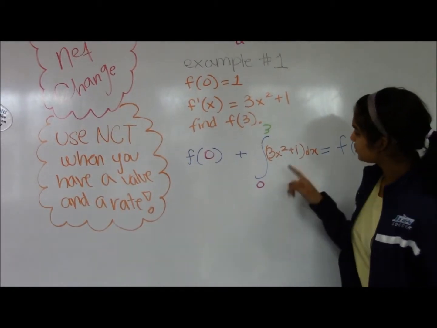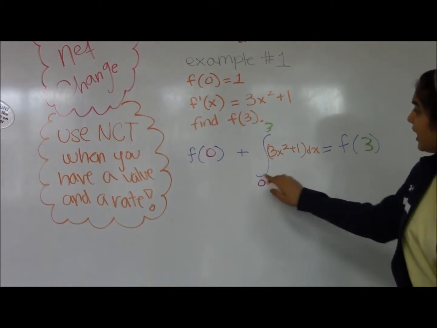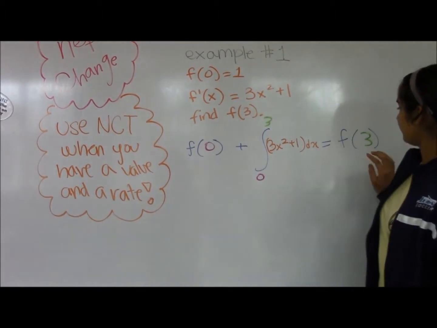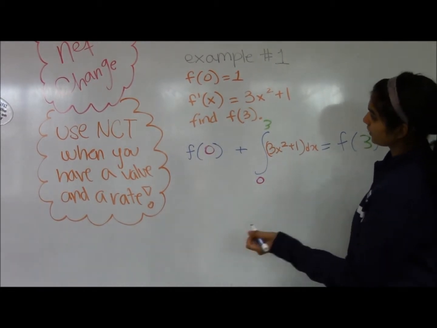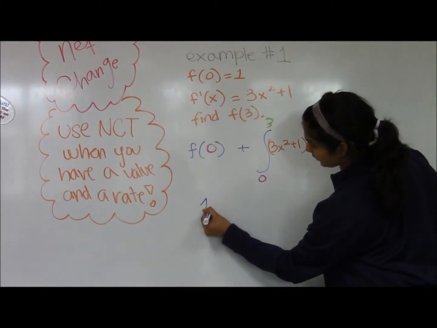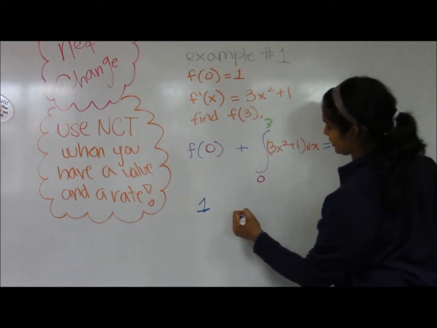So now you can just antiderive and plug in 1, and then you can find your f of 3, and I will do that now. And you know that f of 0 equals 1 because it is given to you.